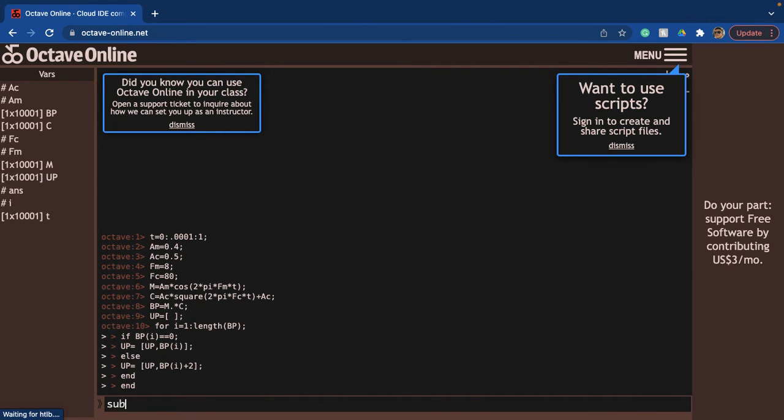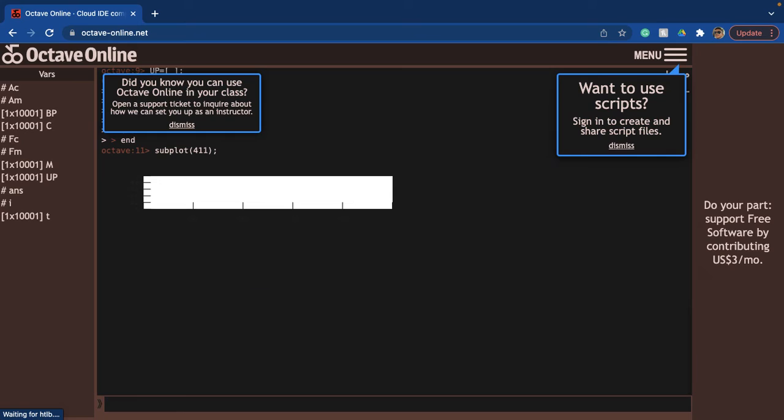Now let's subplot and plot all the graphs. So I'll have 4 graphs. This is the first graph. First I'm going to plot the message signal.